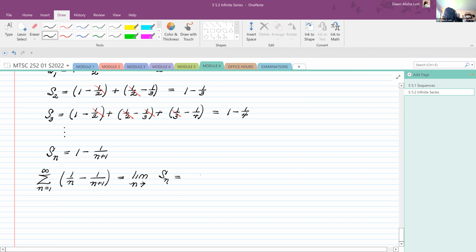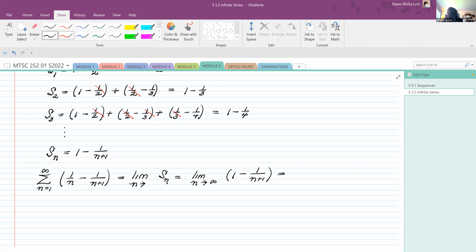But that's the limit as n approaches infinity of 1 minus 1 over n plus 1. And 1 over n plus 1 goes to 0. So this is just 1.